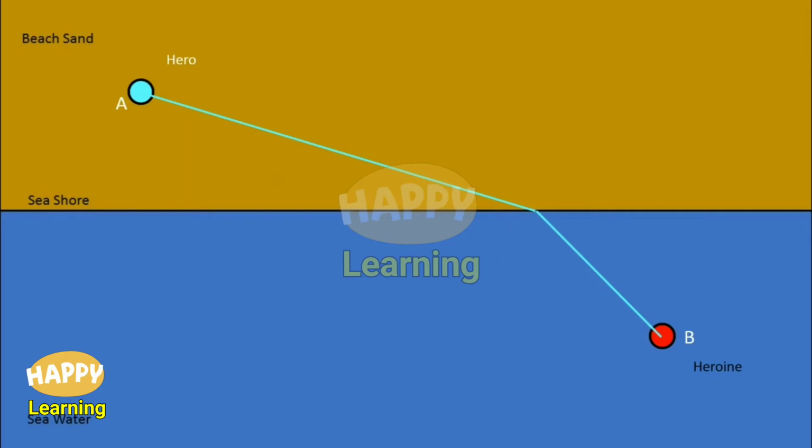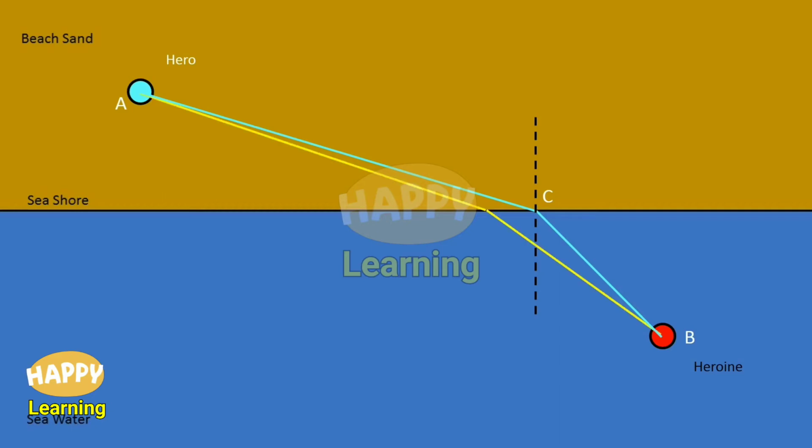So let it be the path which has least time to reach the heroine, and at the point where this path is touching the seashore, draw a normal and let this point be C. Let us select one more path which is almost close to this shortest time path, and let this point D be where it touches the seashore.